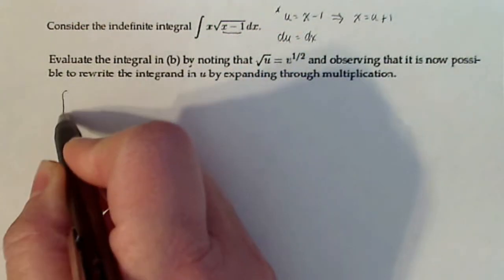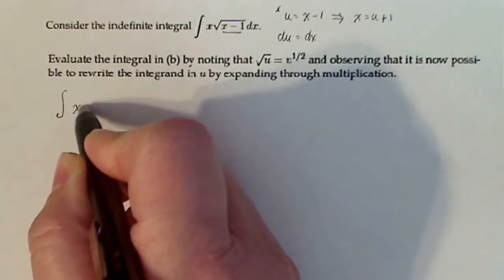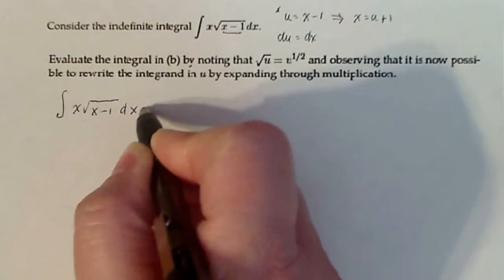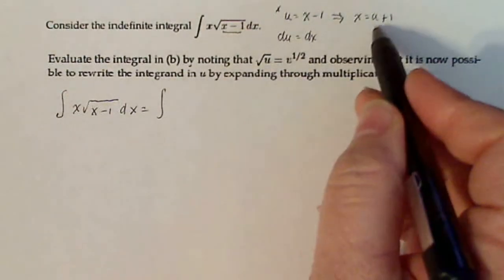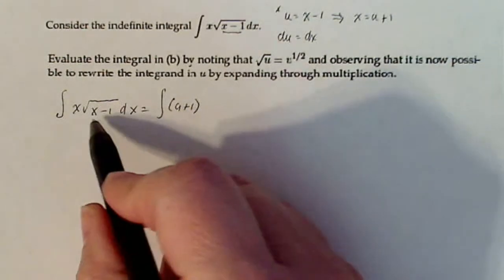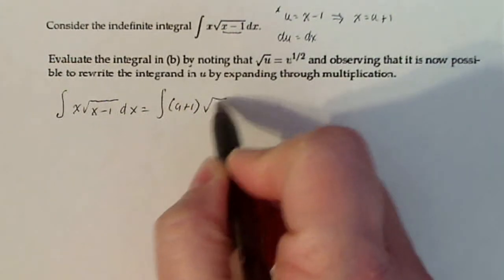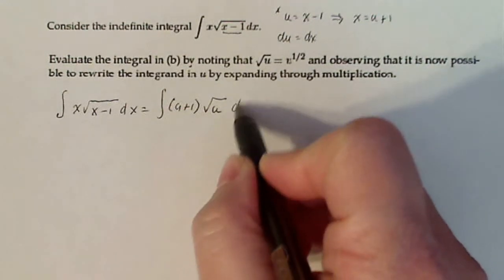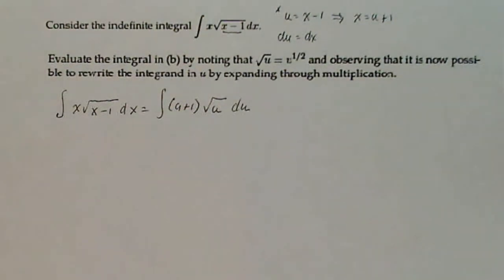My integral of x times the square root of x minus 1 dx now becomes, well, x is defined as u plus 1, so I'm going to put u plus 1 in place of x, and x minus 1 is u. There we go. And then dx is du.